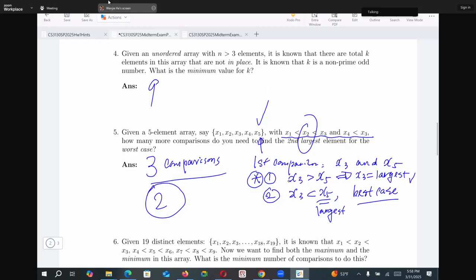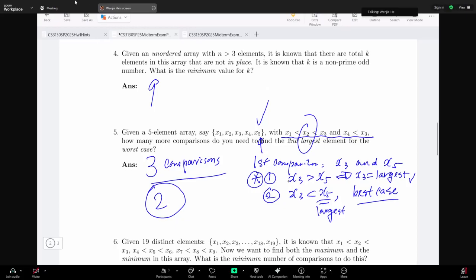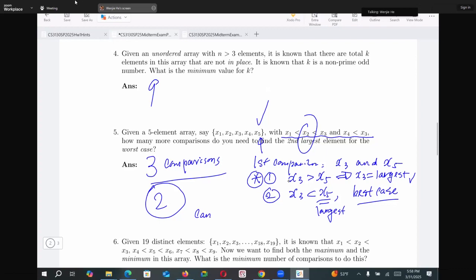After we eliminate x3, what are the candidates for the second largest? Here, the biggest problem is in this step. I look at those solutions. The candidates for the second largest, so here we're talking about this case.